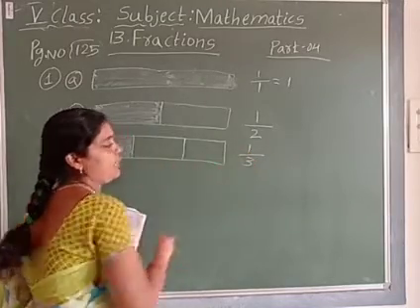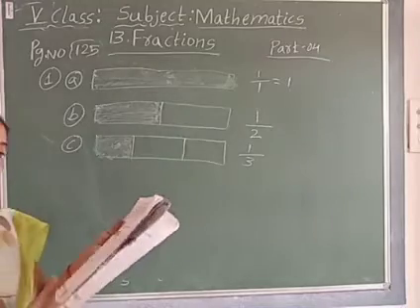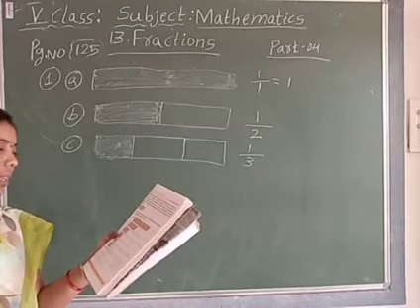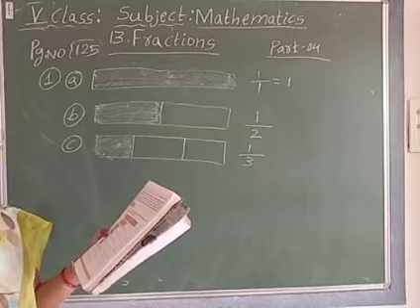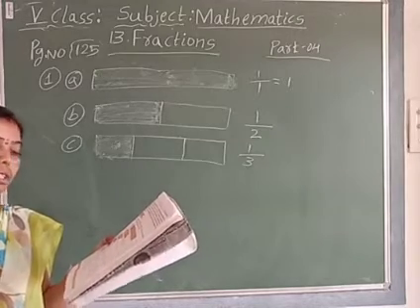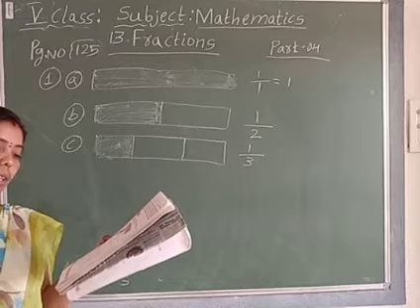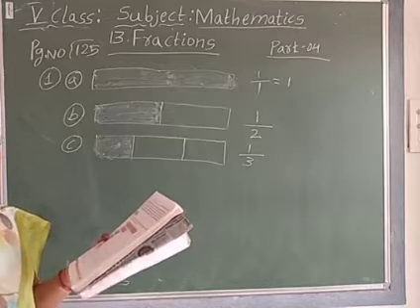So 1 part is shaded. Understand? So 1 by 3 part. In the same way, you will check the remaining figures also and write the fractions. Which one is the greatest fraction and which one is the smallest fraction? You will check it and write it.